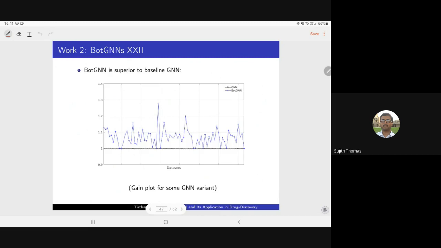And what we obtained is that BOT GNN is superior to baseline GNN. Baseline GNN again here means the GNNs without access to any additional symbolic domain relation. They have only bond information available. And as you can see in the gain plot, in almost all the cases BOT GNN is able to achieve higher performance than the baseline GNN. That tells us that incorporating symbolic domain relation into GNN helps significantly.